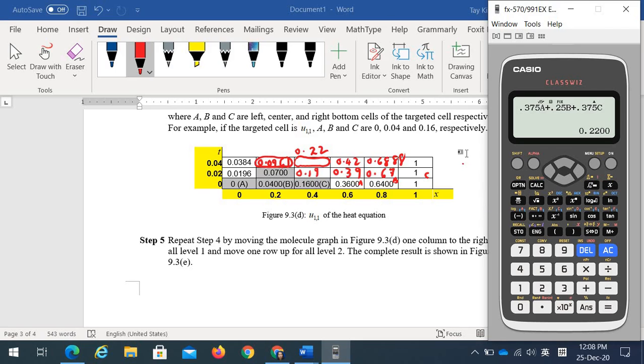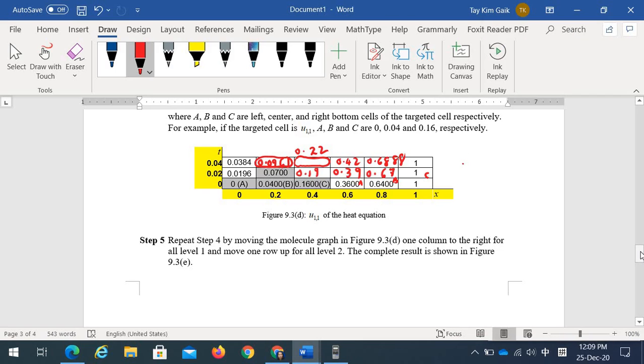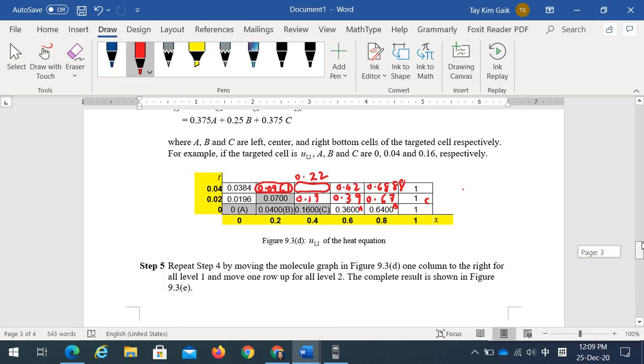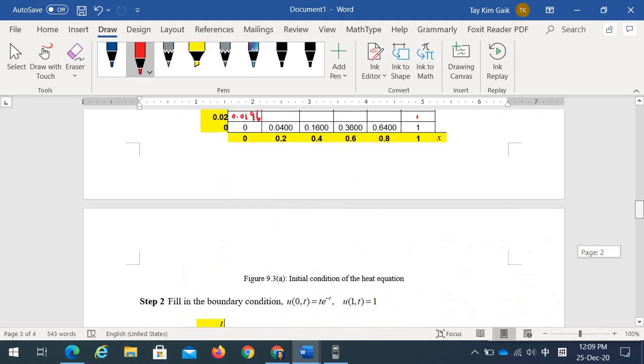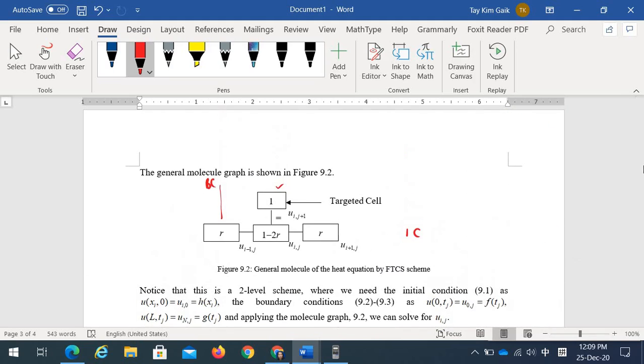So this is numerically solving the heat equation using the explicit finite-difference method, where your molecule is actually given by: this cell, U(i,j+1), is what you are going to approximate, and it depends on the bottom level, and this is r times your left bottom cell plus 1 minus 2r times center bottom cell plus r times right bottom cell.